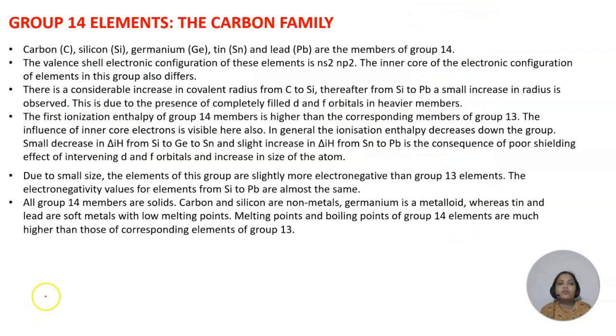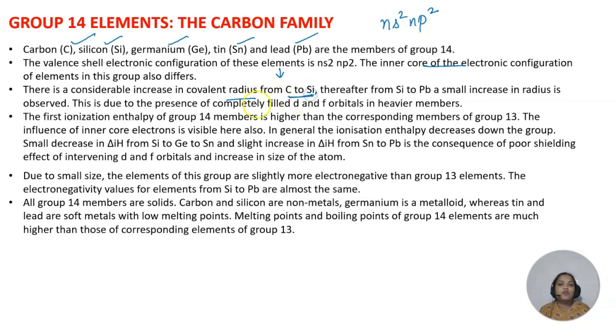Now let us talk about group 14 family, that is our carbon family. The first member is carbon. So we have carbon, silicon, germanium, tin, and lead. The valence shell configuration is ns2np2, but the inner core electronic configuration is going to differ. If I am moving downwards, there will be an increase in covalent radius. We have studied covalent and ionic radii in the last chapter.